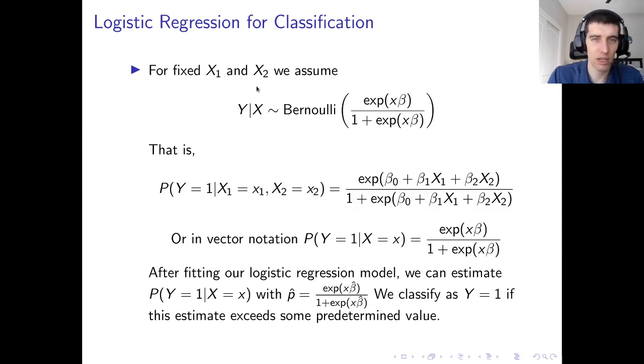So the idea for logistic regression is we have a fixed x1 and x2, and y given these x values is distributed Bernoulli, where we apply the sigmoid function to a linear function x beta.